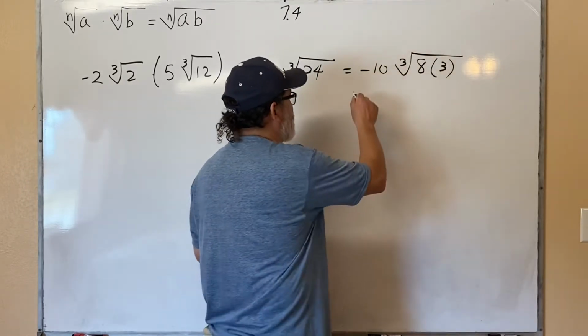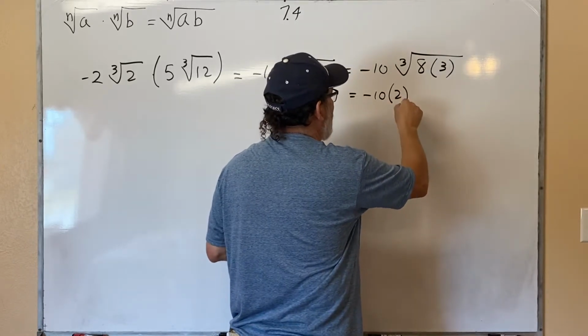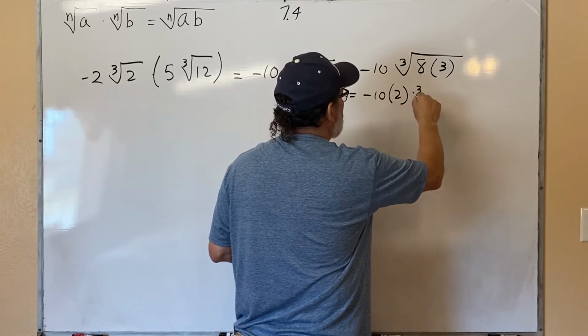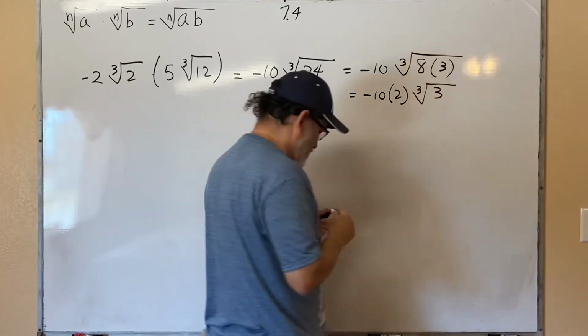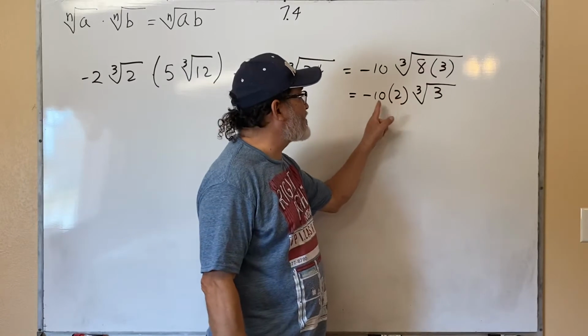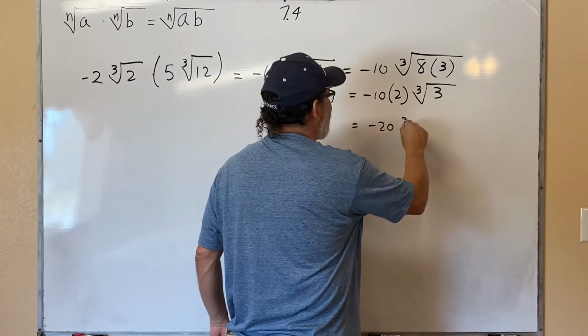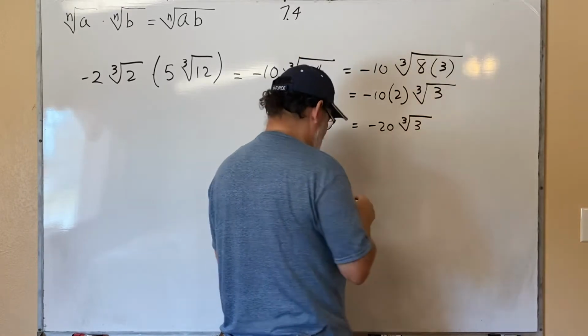So -10 times the 2 that came out, and then the cube root of 3. But you can't leave it like that. You have to multiply this 2 times -10. So this is -20, the cube root of 3.